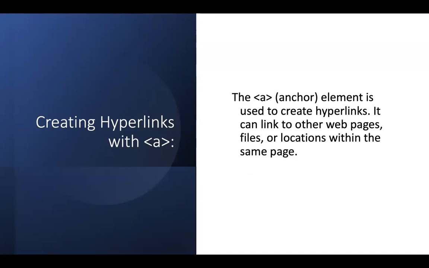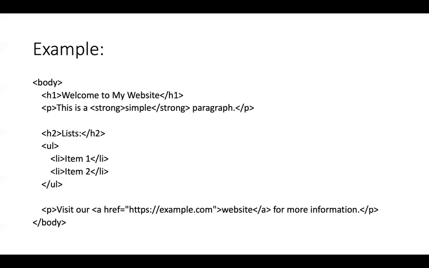But here we are giving the link to open a web page or a file or a location within the same page. If you want to open it in another tab, you can give the target attribute, or else you can remove it. Okay. Here an example with the heading and paragraph. Here we have the H2, then the unordered list, then a paragraph with an anchor tag. All right.